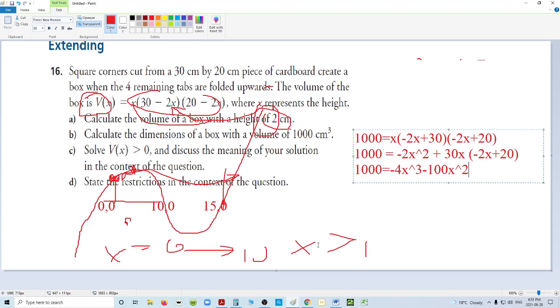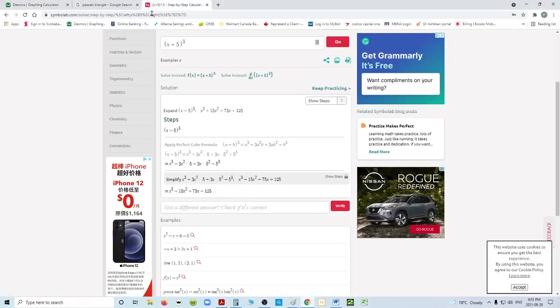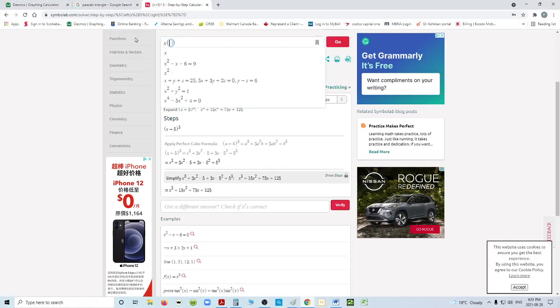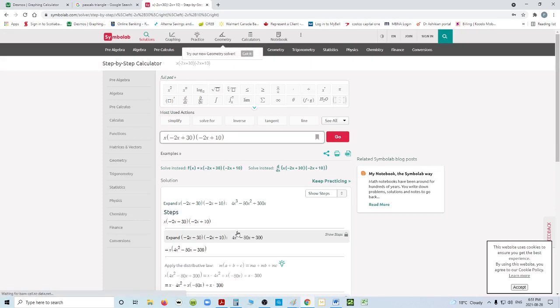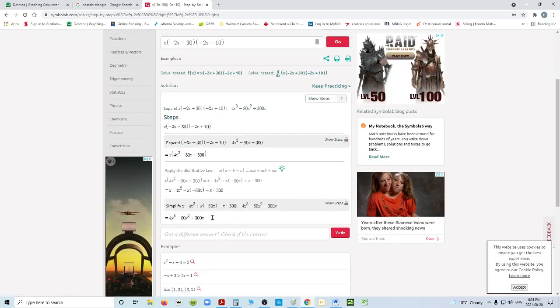So I'm going to get Symbolab to expand it for me, but that's your first step. You're going to expand it. So I'm going to expand x times minus 2x plus 30 and minus 2x plus 20. So your first step is to expand it. And it's going to expand it to this for you.